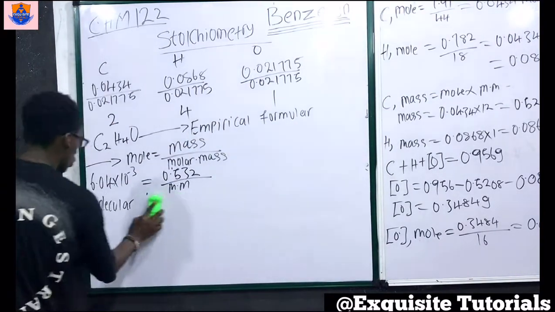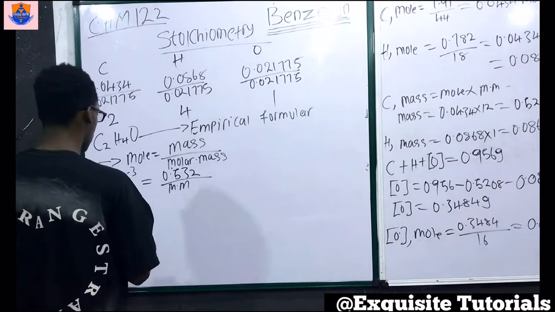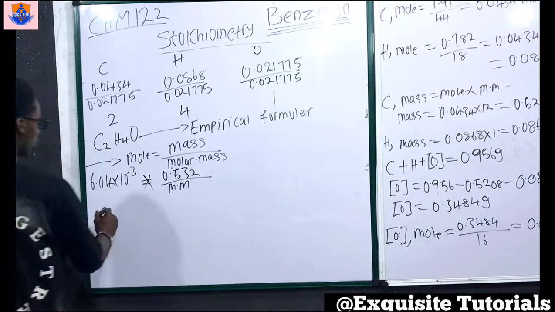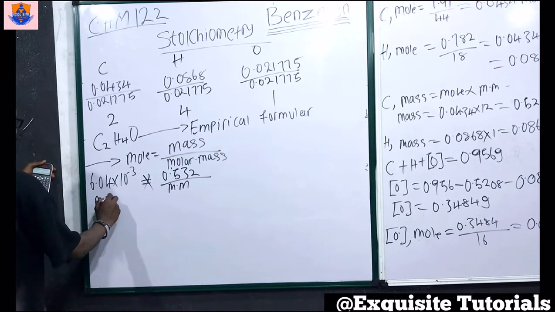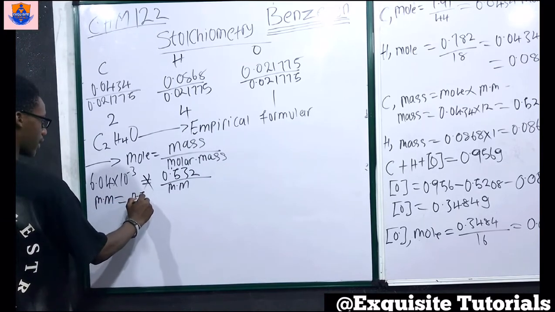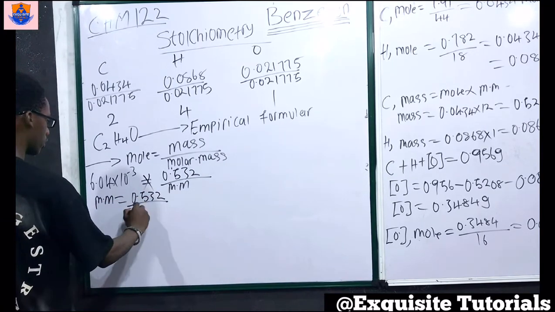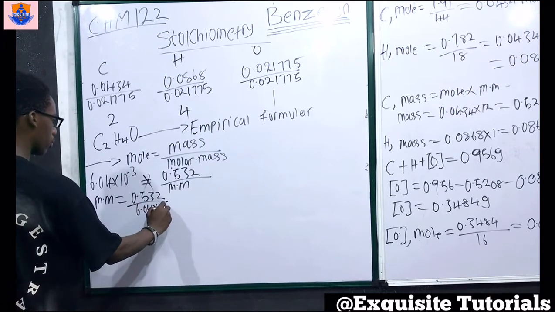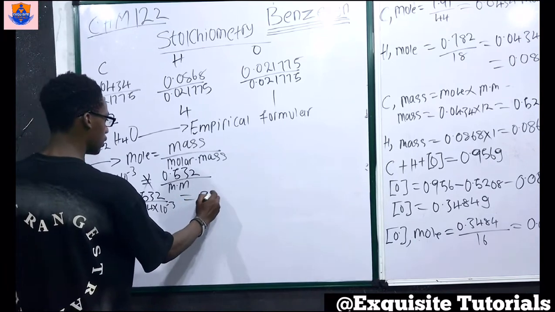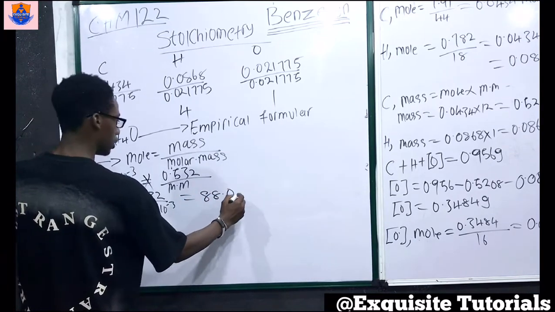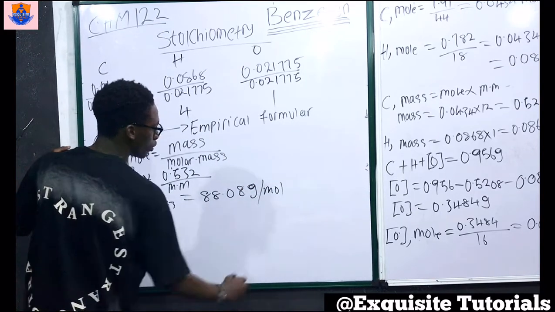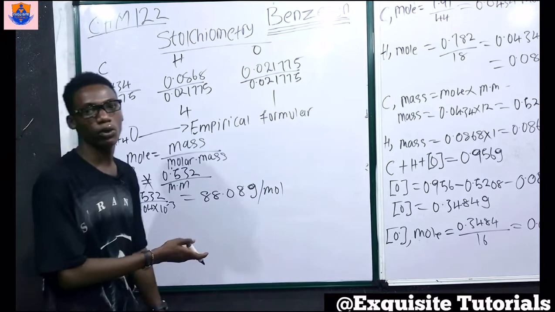Now we cross multiply, then this goes here and you come here. So we have the mass of the compound as 0.532 over 6.04 times 10 to the power minus 3, which is 88.08 gram per mole. Now this is the weight of the compound.